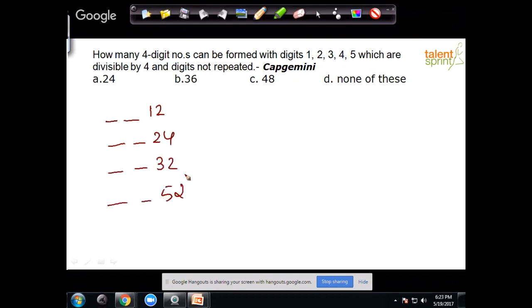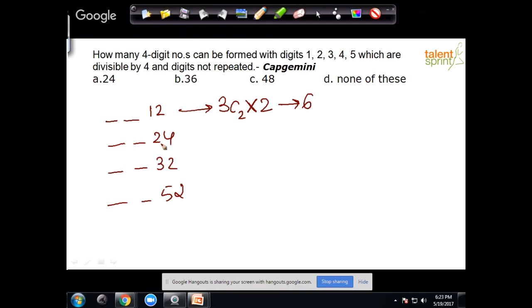These were the 4 things that we discussed. So here, the last 2 digits are 12. Here, I have 3 digits, out of which I am selecting 2 digits, which can be done in 3C2 ways. And these 2 digits can be arranged in 2 ways. So the total number of numbers that I can create is 3C2 into 2, that is equal to 6. That's what I said. I hope it's clear now.